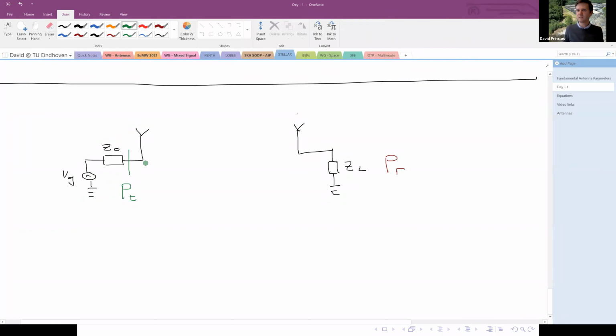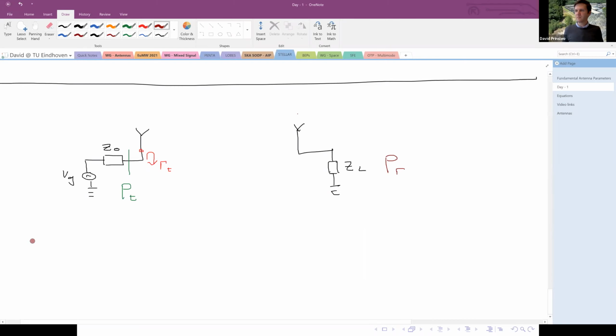It enters the antenna. The very first thing that happens when it enters the antenna is that the antenna is mismatched. It's not matched to this transmission line. So we have a reflection coefficient on the transmitter side.